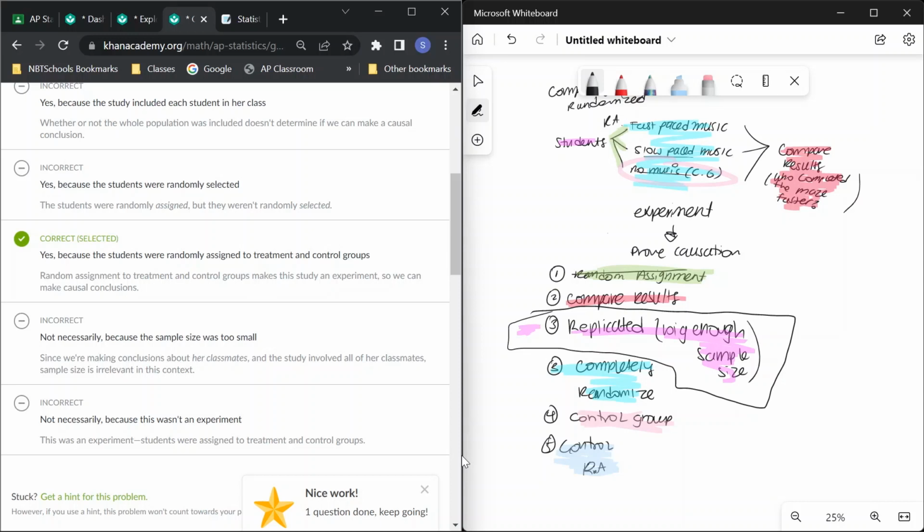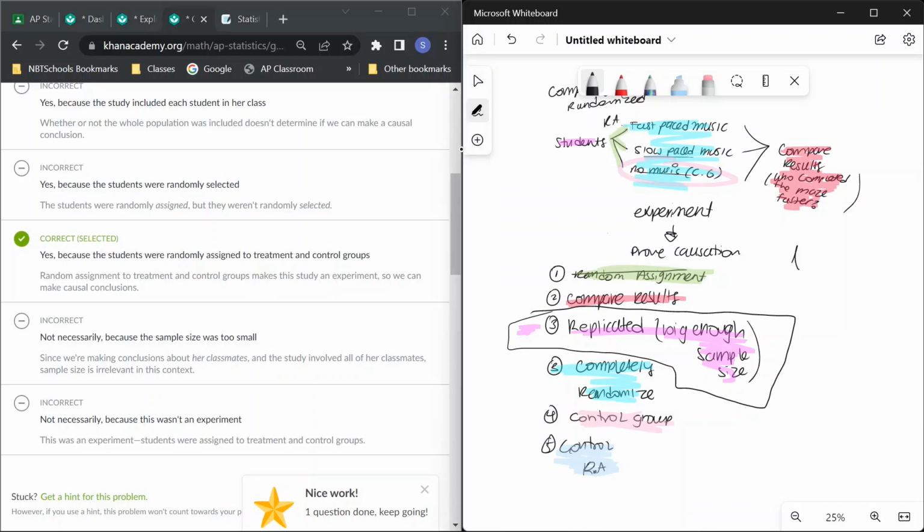They were randomly assigned to different treatments, so different music types: fast-paced, slow-paced, and no music, but they weren't randomly selected. Oh, okay. Random assignment is good. So they don't have to be randomly selected, but they have to have random assignment. They don't have to be randomly selected to be an experiment.